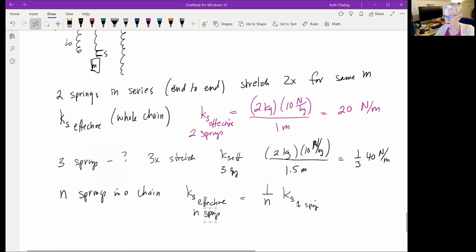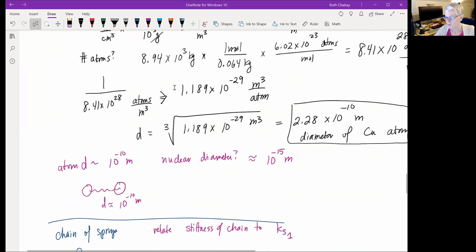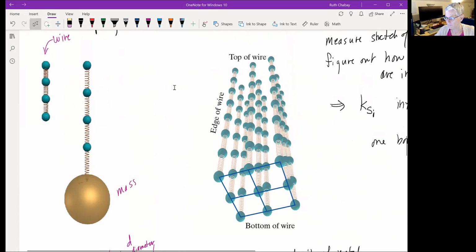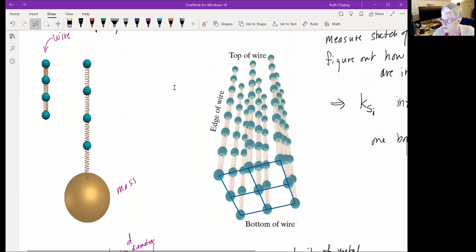So now we know how to deal with one of these chains of springs that we've got here. We know that if we measure the stretch of a wire, if we can figure out how many atoms are stacked vertically in the wire, then we could figure out the stiffness of one of those.